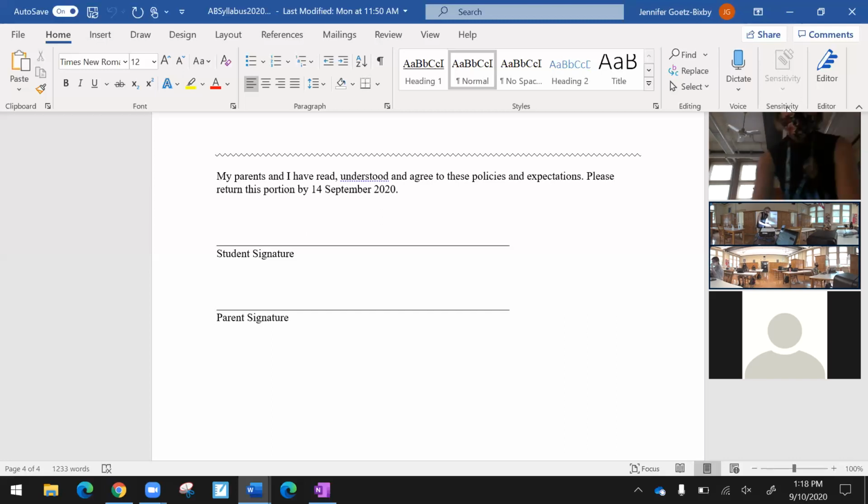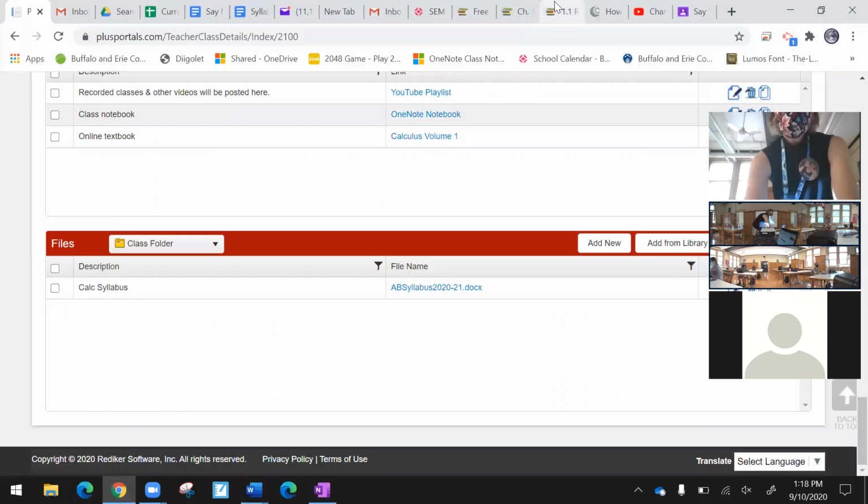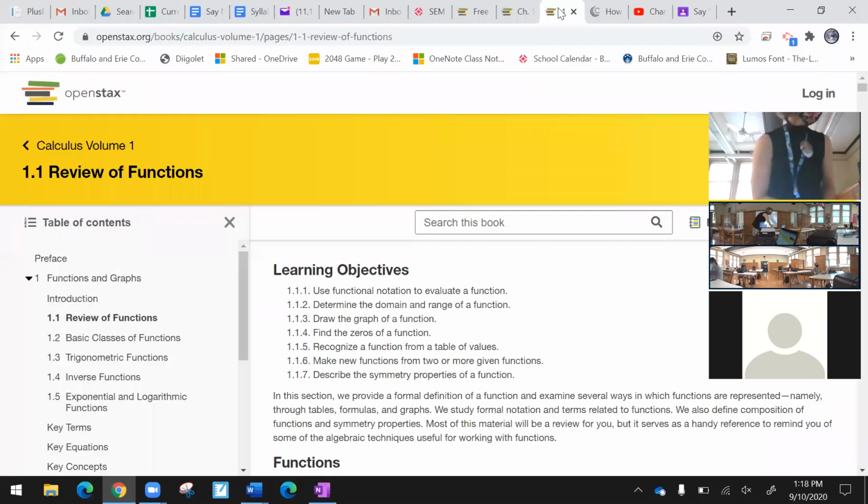Okay. The textbook is an online textbook through OpenStax. It is a college calculus textbook. It's not identical to what we used last year and the last several years, but it is certainly on that level.